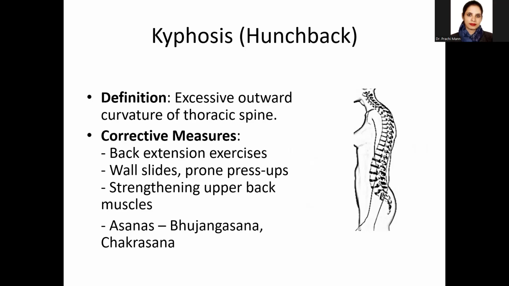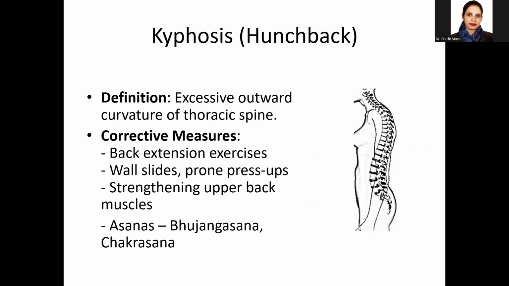We will talk about first kyphosis, also known as hunchback. Kyphosis means there is an increase in the backward curve of the spine or lessening of the forward curve, leading to a rounded back. We can say a sunken chest is often seen in kyphosis.